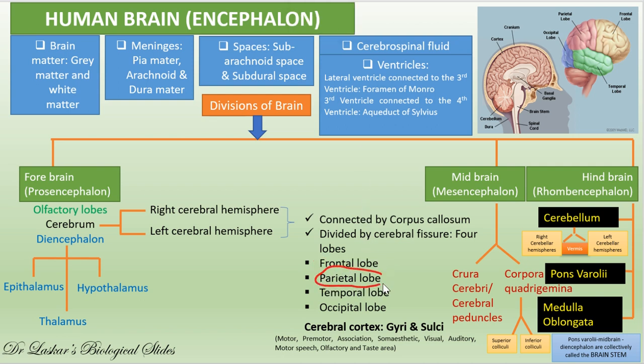Parietal lobe. It is concerned with awareness about position in space, perceiving information from the environment, organizing and communication to the rest of the brain, and receiving sensory perceptions of touch, pain, heat and cold.